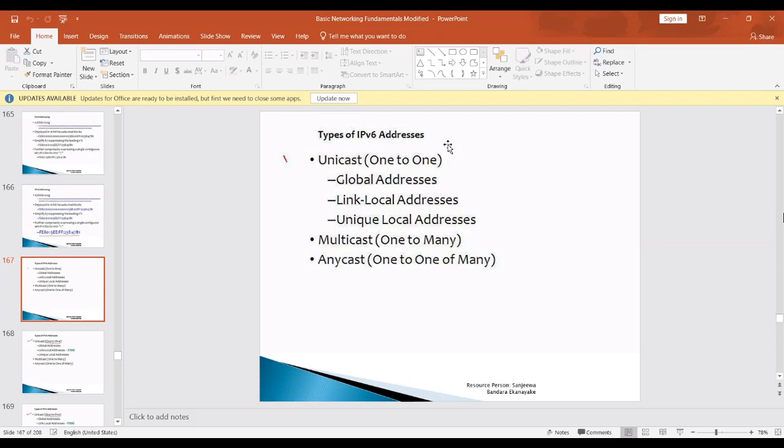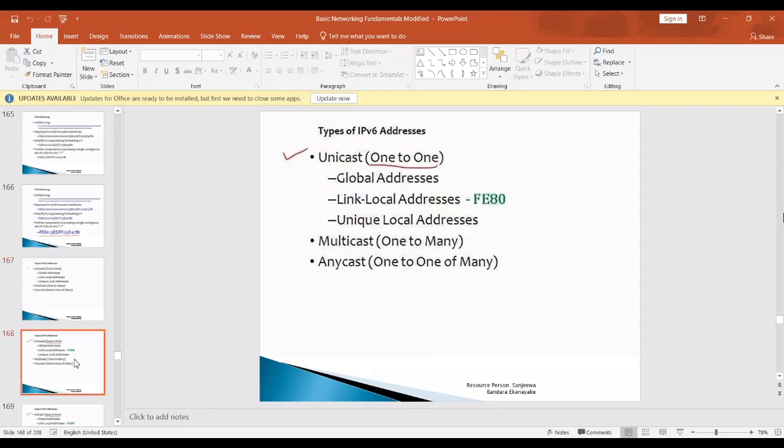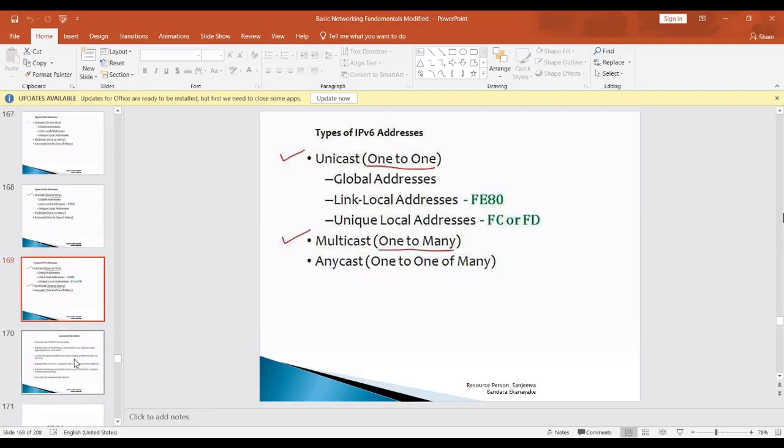Multicast is the same as in IPv4, and it is communicating one to many, right? And some other important details: a link local address always starts with FE80. A unique local address you can recognize because it always starts with FC or FD.